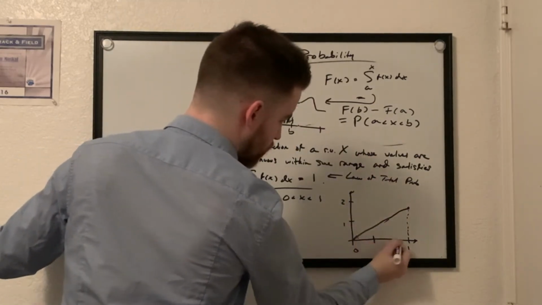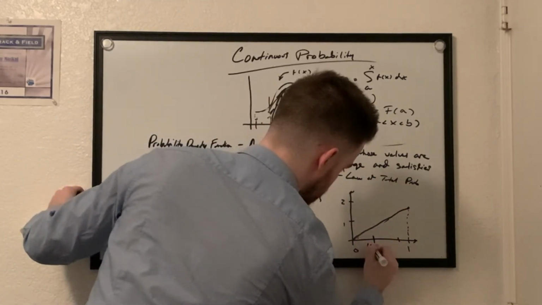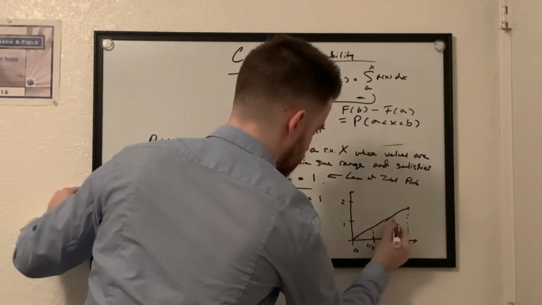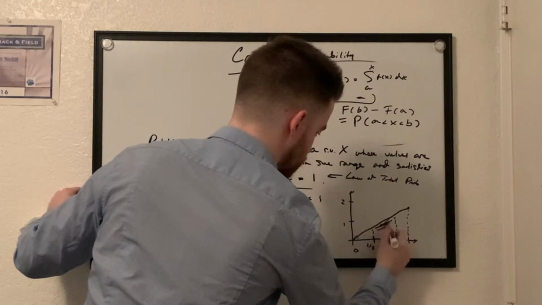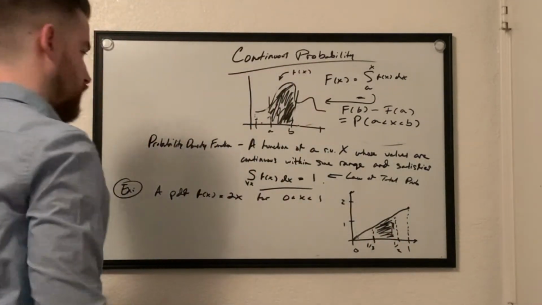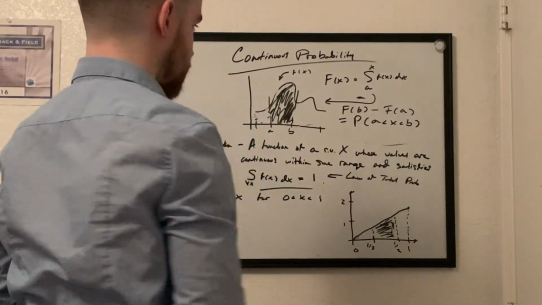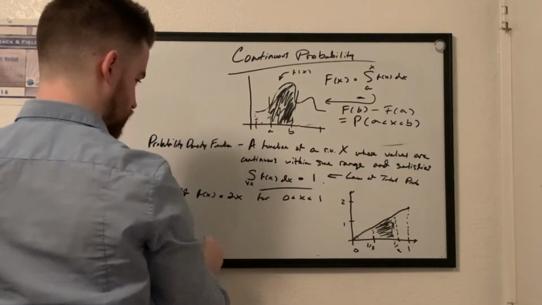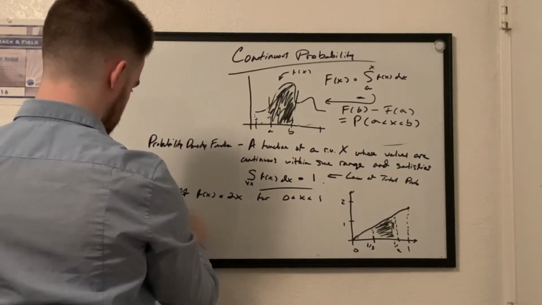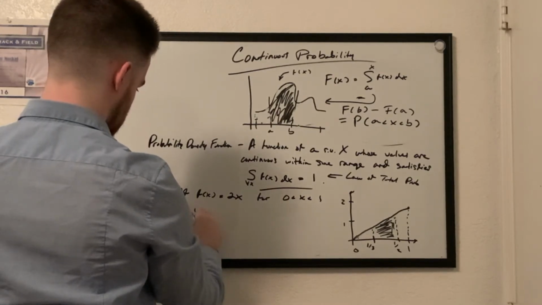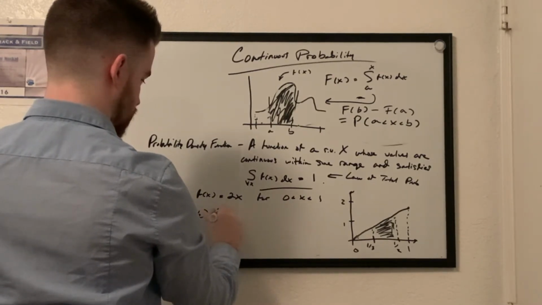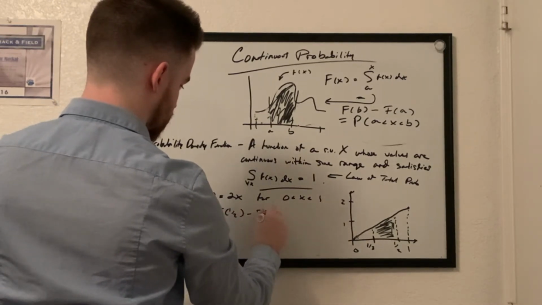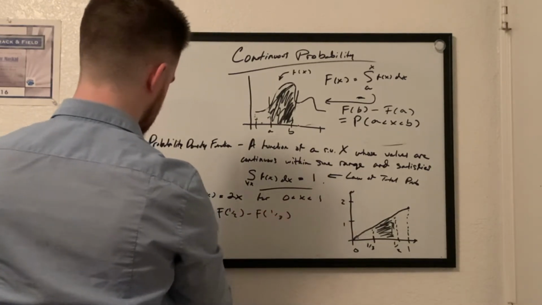What if we want to know the probability that x is between 1/3 and 1/2? We want to know this part. Well, let's use our definition. The probability that x is between 1/3 and 1/2 is equal to f of 1/2, our CDF, minus f at 1/3.